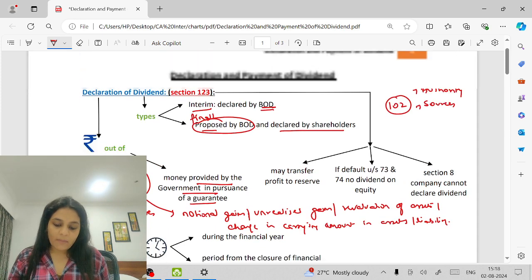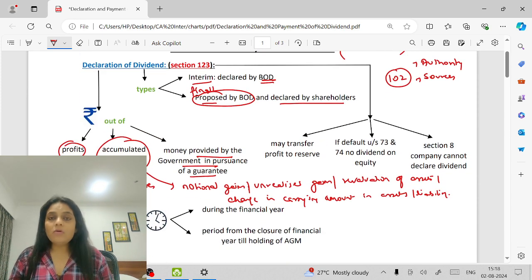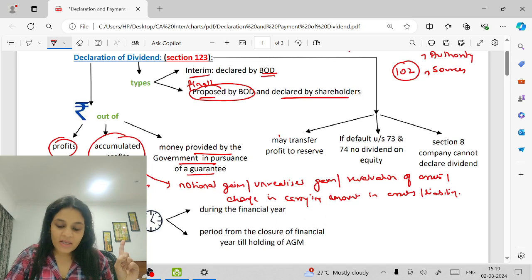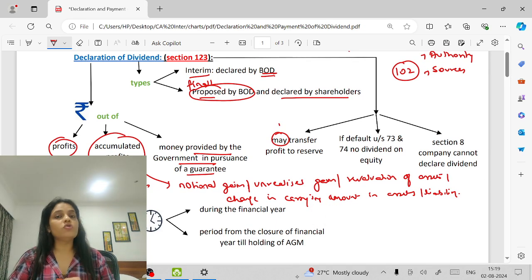Now, when we talk about dividend, if the company wants to transfer some amount to the reserves before declaration of dividend, can it do so? Yes. But is it mandatory? No. So may the company transfer any percentage? It's your choice, any percentage of profit to reserves that you want. If the company has defaulted under section 73 and 74, what are sections 73 and 74?